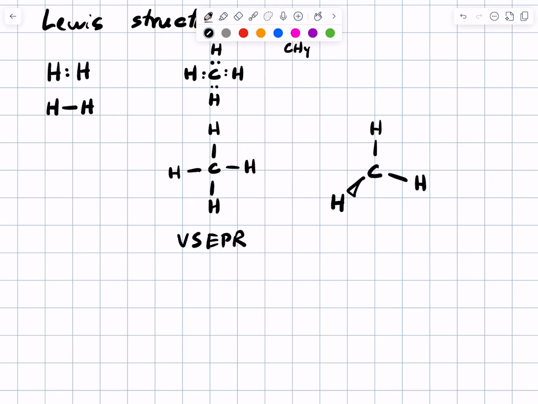A wedge means that hydrogen is coming out towards you, and a dash means that hydrogen is going back away from you. In a tetrahedral molecule, all of the bond angles are about 109 degrees. Some of you know that it's 109.5, yay for you, but we don't need that many significant figures, okay?